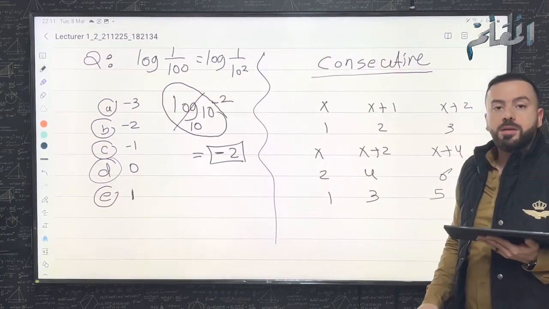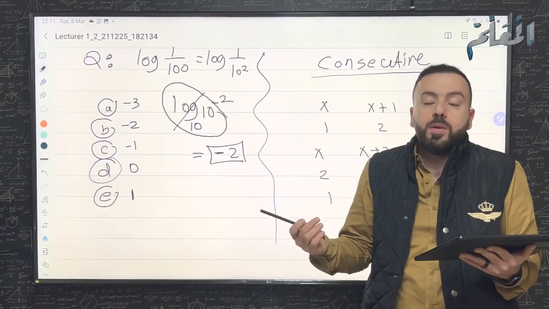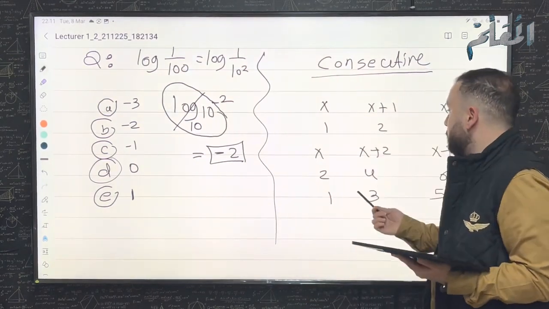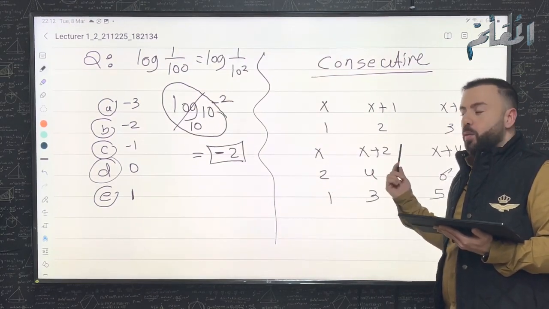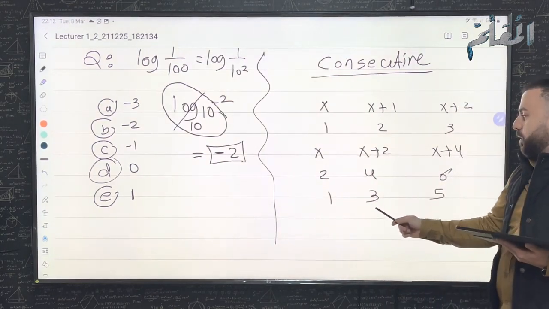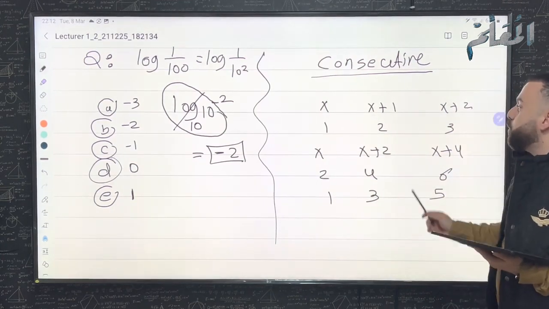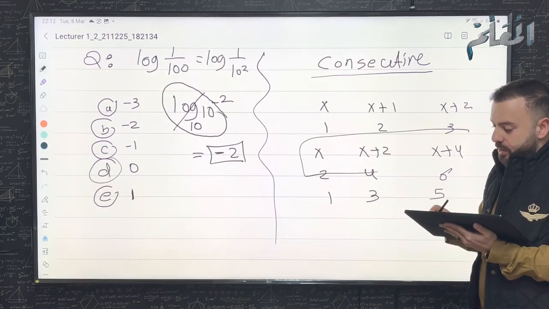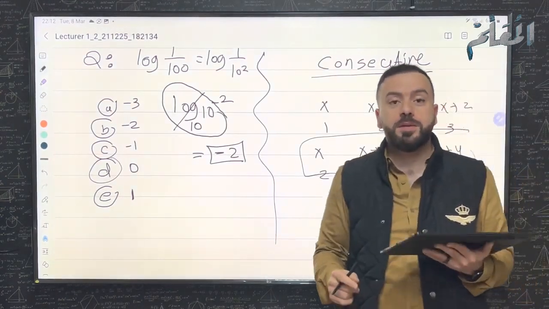One more thing: can I use this for odd numbers, mister? Yes, of course you can. Why? Because if I say 1 as x, what about the other ones? 1 plus 2 is 3, and 1 plus 4 is 5. Are these odd numbers? Yes. So I can use this rule for odd numbers too.